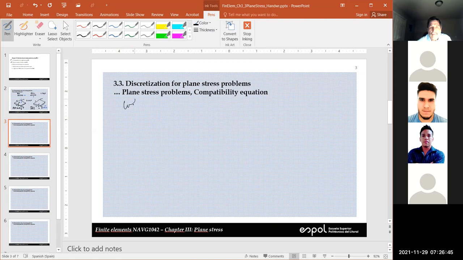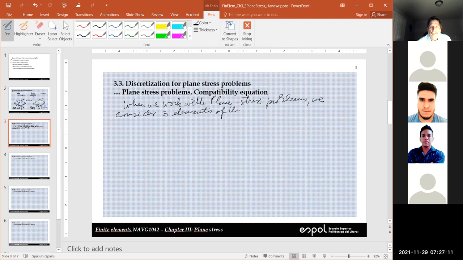So when we work with plane stress problems, we consider three elements of the stress tensor. We're going to be working with sigma x, sigma y, and tau xy.